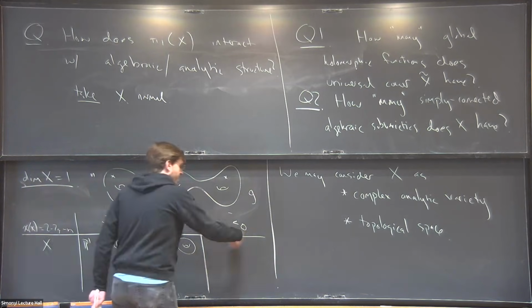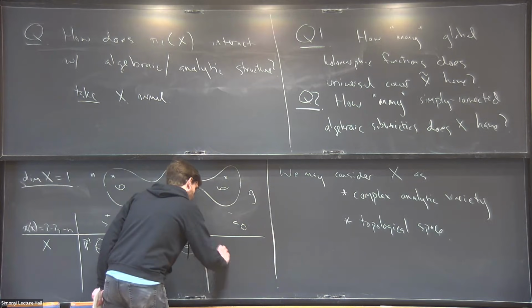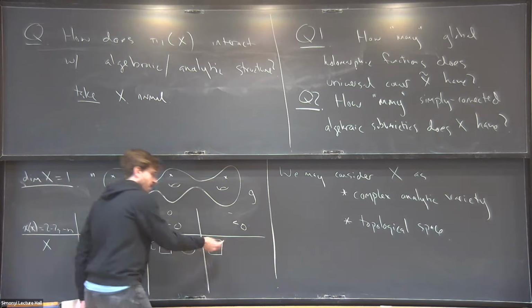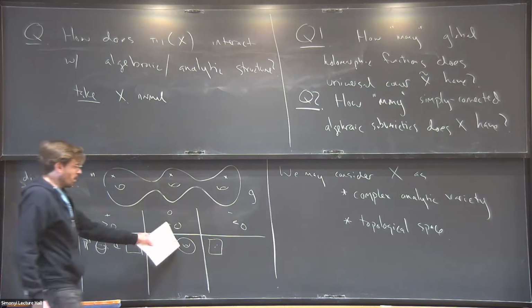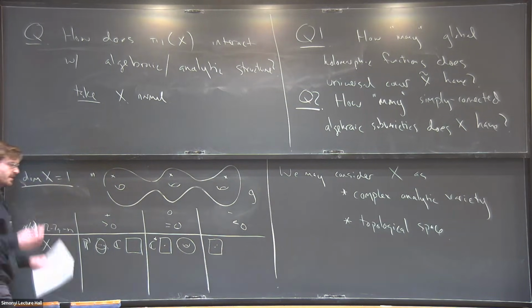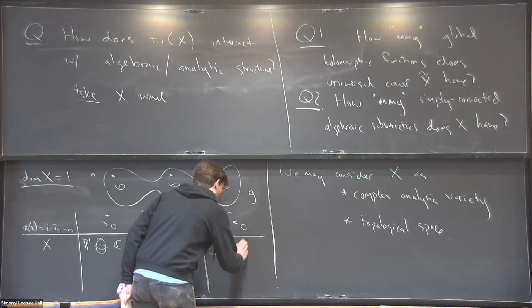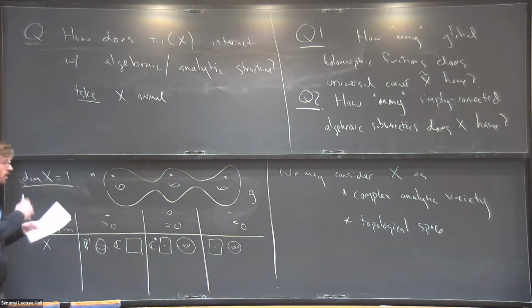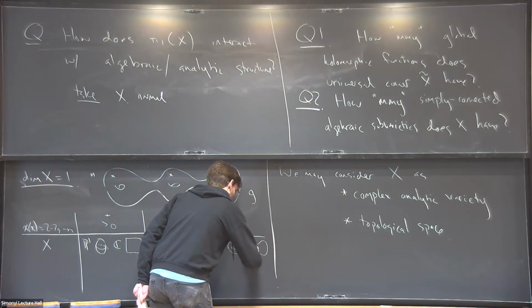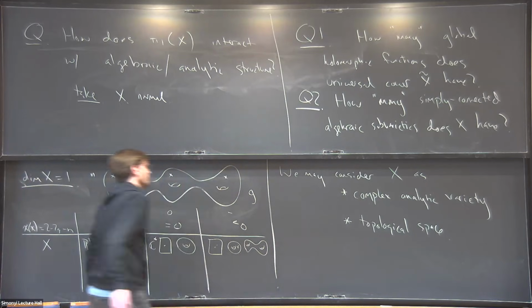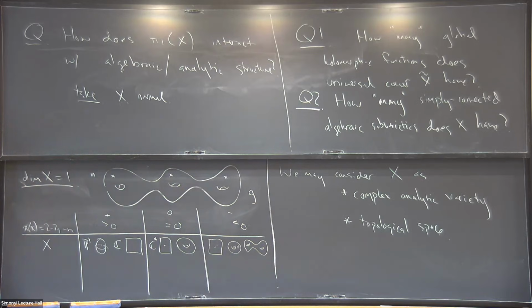And sort of the biggest category is over here, where I'm allowed to take the complex plane minus at least 2 points. Or a genus 1 surface minus at least 1 point. Or a higher genus curve minus any number of points, including 0. Okay, so those are sort of the possibilities.